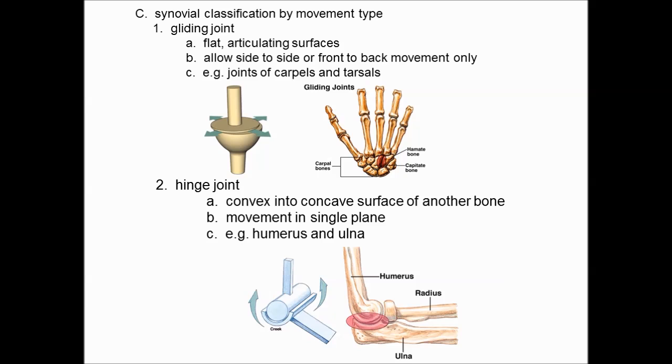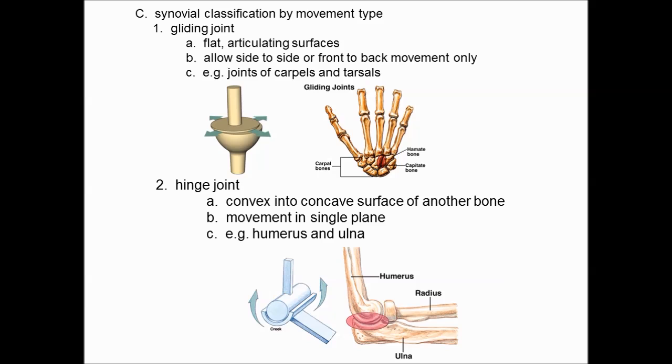This is another functional classification, looking at what type of motility or action is possible at a given joint. Some of these joints are like two flat surfaces rubbing together, and so they call it a gliding joint. It permits motion side to side, front to back.